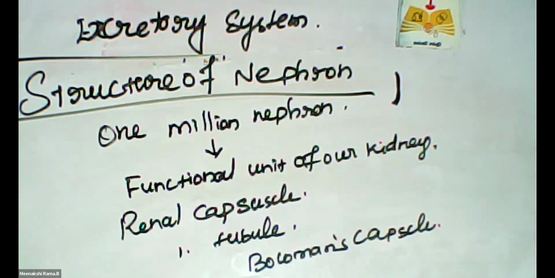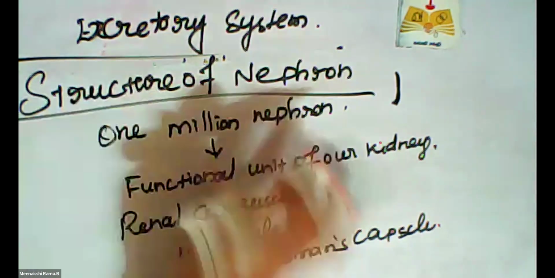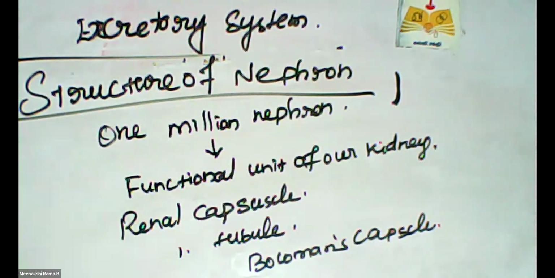Okay. So the structure of the nephron means each and every kidney consists of more than 1 million nephrons. So the nephron is called the functional unit of kidney because it consists of renal capsules and then renal tubules also.